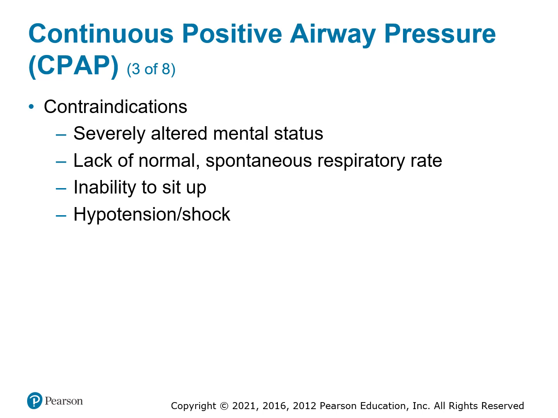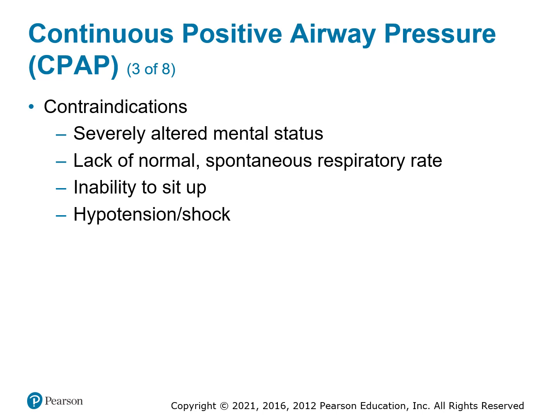Another contraindication would be a lack of normal, spontaneous respirations. If they're not breathing on their own, that's inadequate breathing, and we're going to jump to assisted ventilations. If the patient cannot sit up on their own, that's a good indicator that this may not be for them.